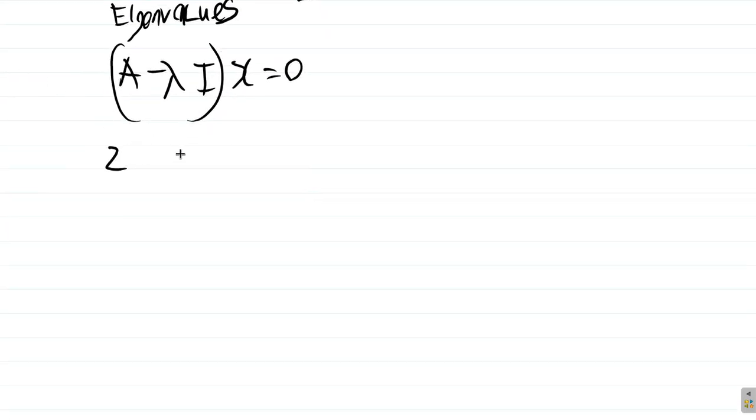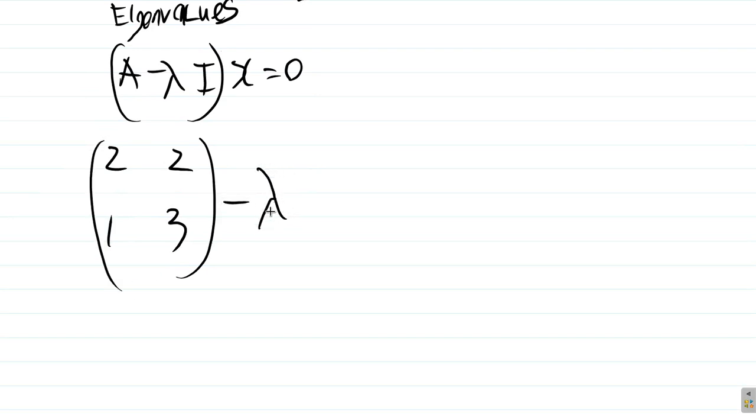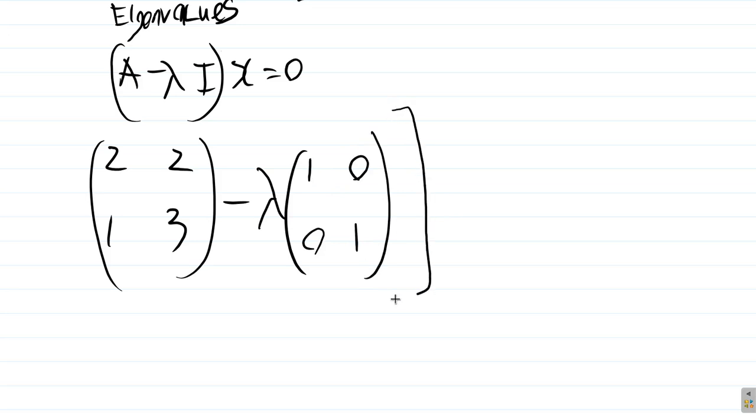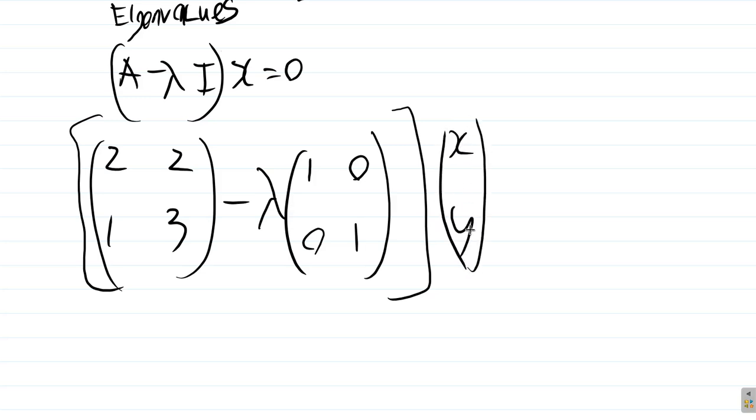The matrix A is 2, 2, 1, 3 minus lambda I, which is 1, 0, 0, 1, times x, a column matrix xy. Remember, the vector is represented as a column matrix. The x at the top shows the horizontal displacement, and the y at the bottom shows the vertical displacement of the vector. That's equal to 0, 0.